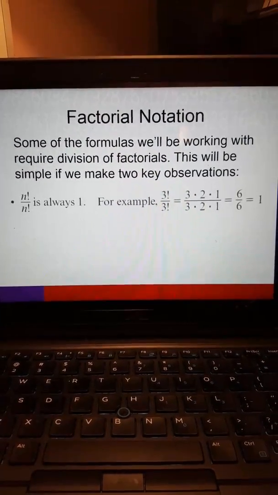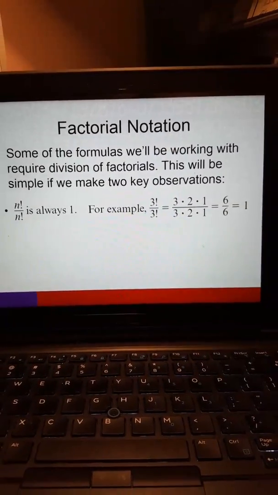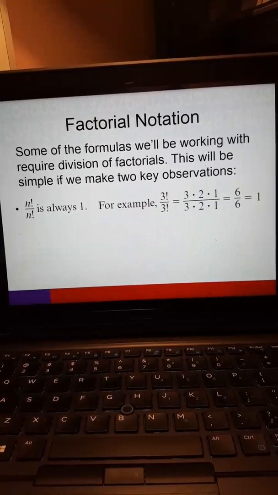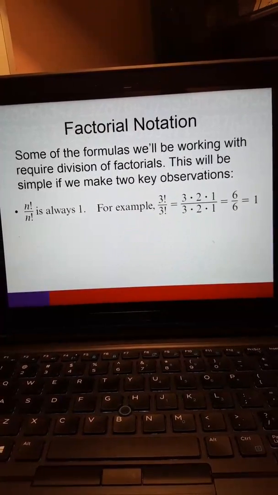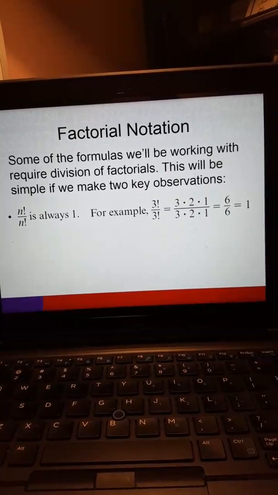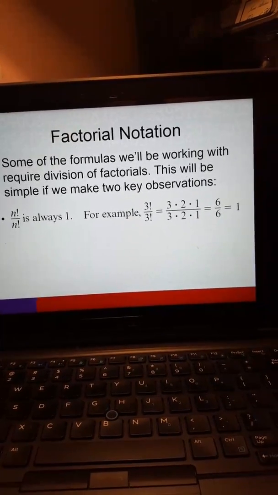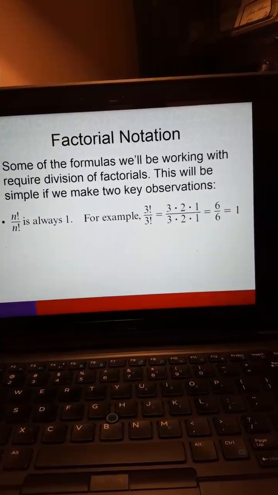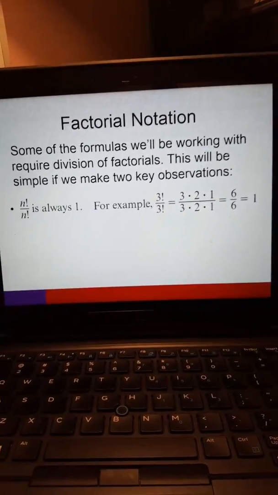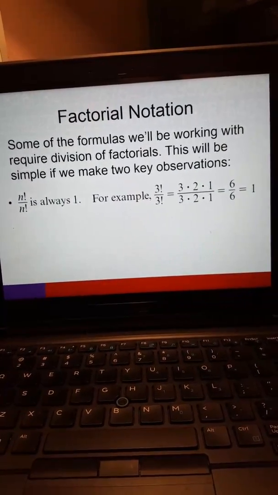All right, so here we are getting more into actually dividing our factorial notations. Some of the formulas we'll be working with require division of factorials. This will be simple if we make 2 key observations. Just like the Skittle analogy, it's the same thing here.